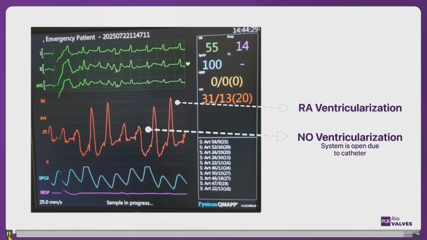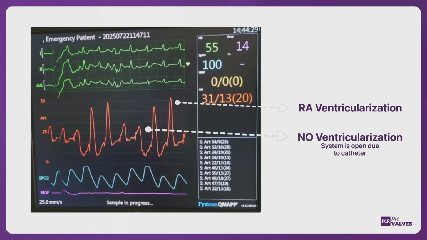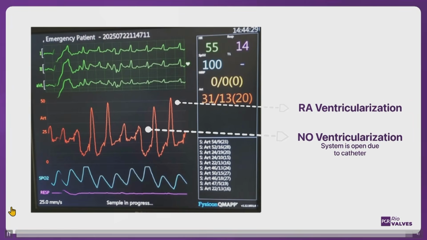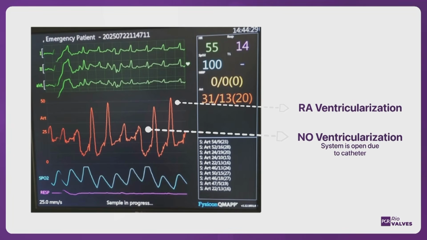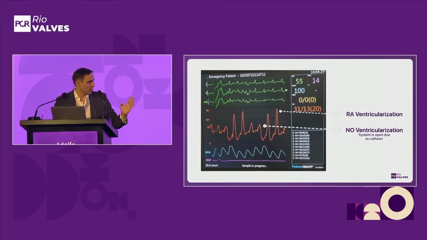And you will see this is not ventricularized because the catheter is interfering with the valve closing. So you see the ventricularization of the right atrium, and without. I love this imaging because we had the wire inside. So with the ventilation, probably the wire is interfering in the proper closing of the valve.